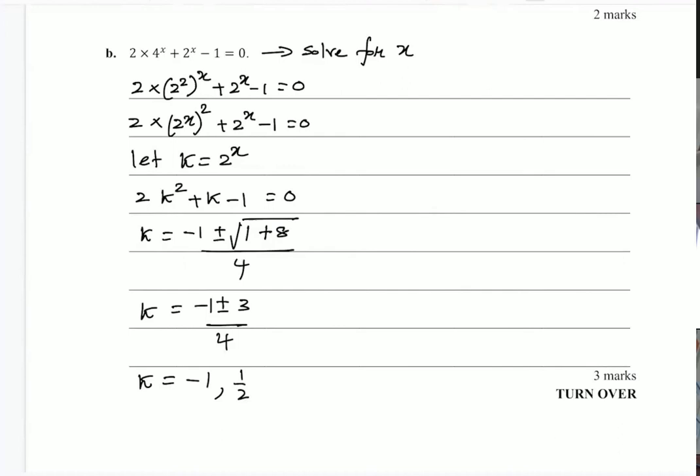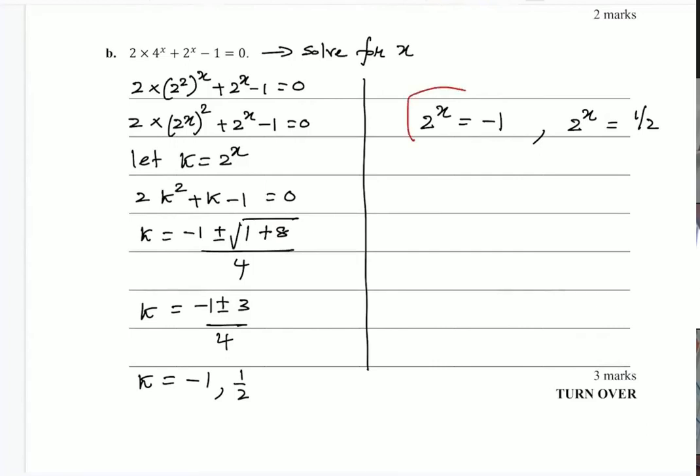So now 2^x is equal to minus 1, right? And the other one is 2^x is equal to half, right? So once you have that, what do you do? Then 2^x equals minus 1.